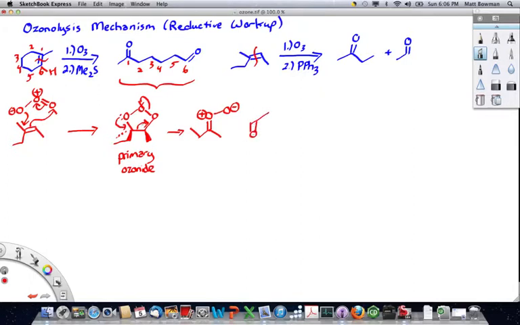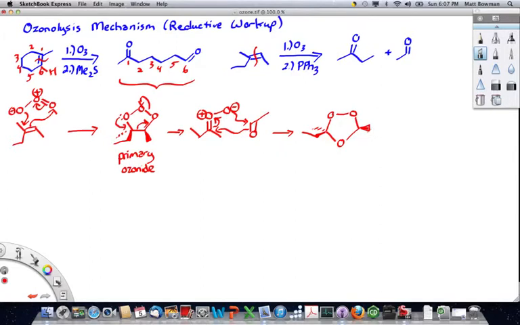Now I drew it upside down because in the next step, these two molecules rapidly recombine. O- goes to this carbon. The electrons from the carbon-oxygen pi bond go to this carbon, and these electrons from the carbon-oxygen pi bond go onto the positive oxygen. And as a result, you get a mixture of diastereomers of this.